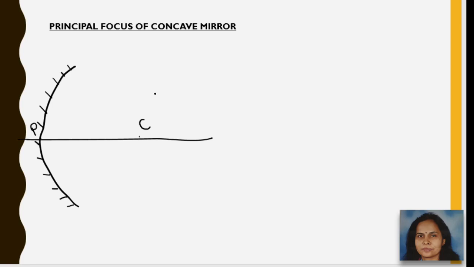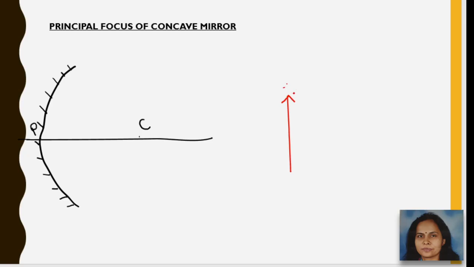So now, in order to find out where the principal focus of a concave mirror is, we need to take an object which is placed at infinity. So I am placing one object at infinity here. Now this is the object which is placed at infinity.